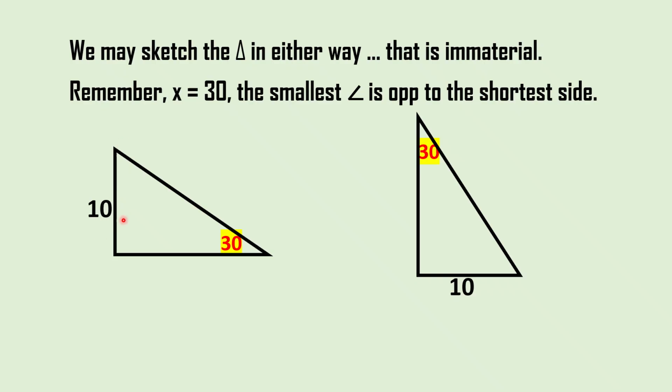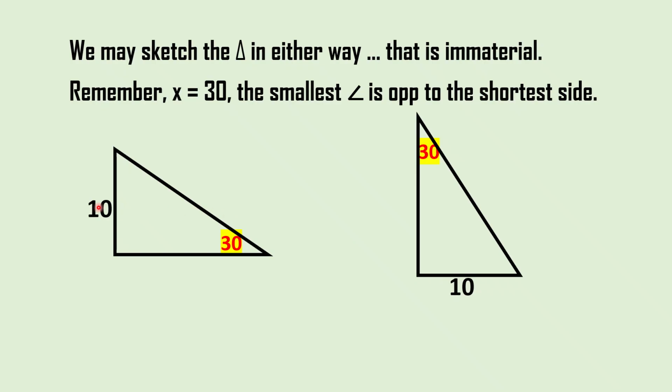So here we have made the altitude 10, and in this figure we have made the base 10. Both are correct, but the angle opposite to the shortest side should be the smallest angle. The smallest angle is always opposite to the shortest side. So this is where you go wrong.